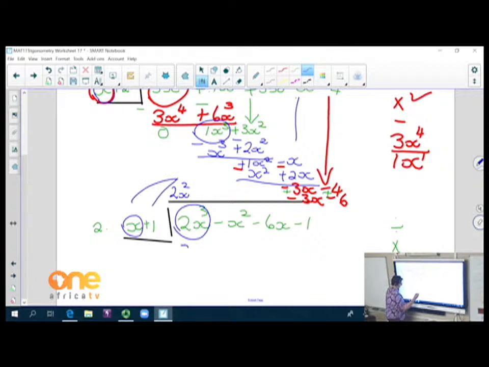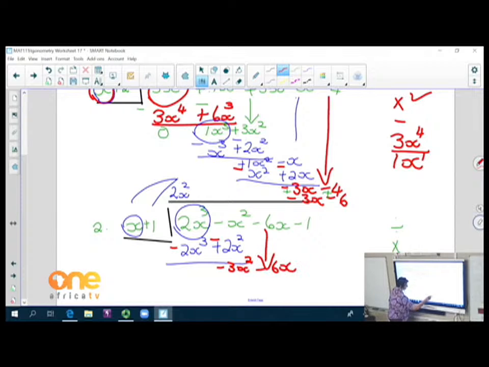Multiply with each one, then you have 2x to the power of 3 plus 2x squared. Subtract. So we change the second signs and add, which makes this one now here negative 3x squared. Bring down this one, minus 6.